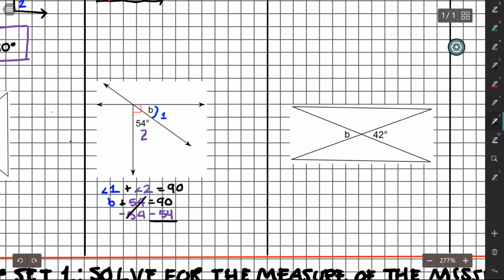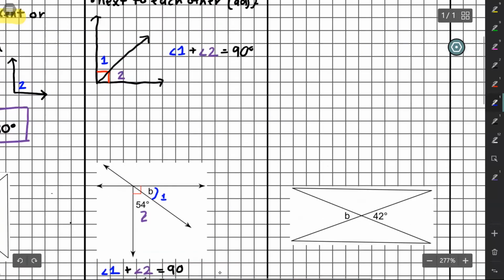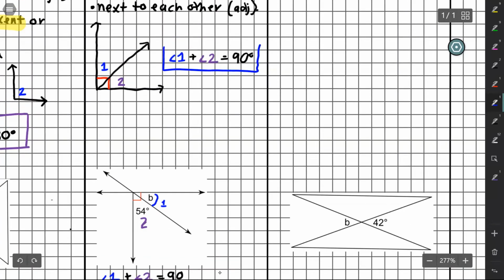That's going to cancel. 90 minus 54 is 36. And B equals 36, same as the problem before. So we want to set up our problems and always use this equation up here.